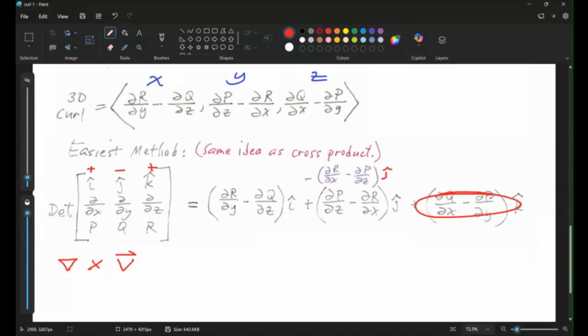And then the same thing with this. So that's really all there is to finding this vector of 3D curl. Just remember the determinant, and that's how you do it. And I think that's pretty cool.